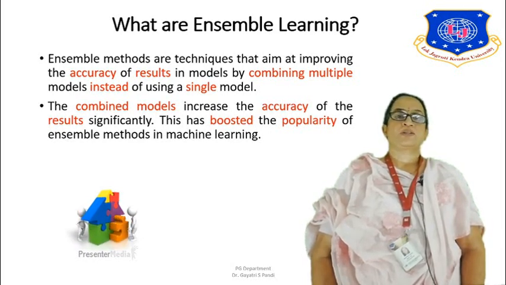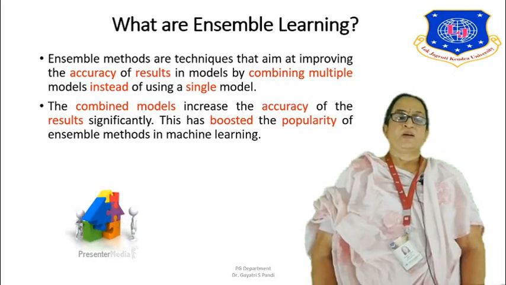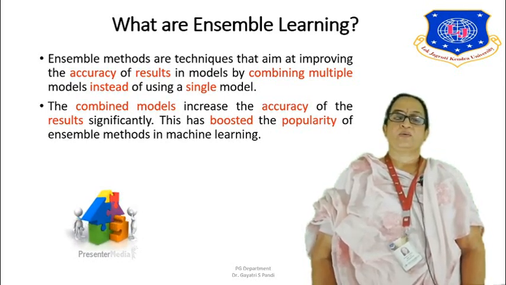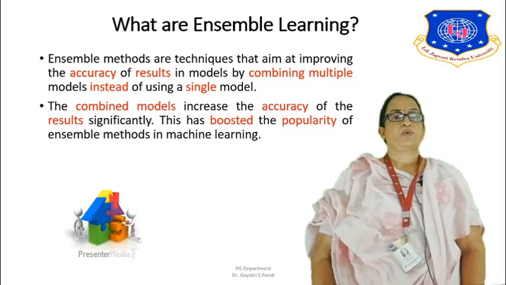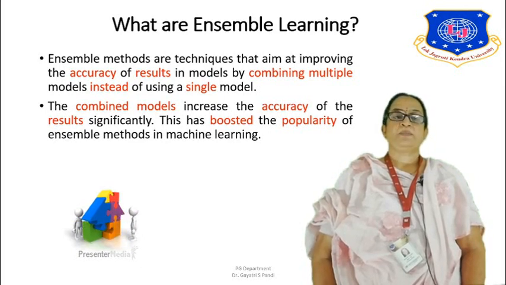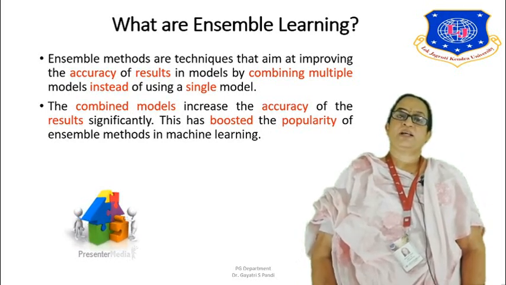You will not come across a single model here, you will have multiple models in an ensemble technique. The combined models increase the accuracy of the results significantly. When you combine various models together, they will improve the accuracy as compared to a single model. This has boosted the popularity of ensemble methods in machine learning. Because of this, ensemble techniques are more popular in machine learning.